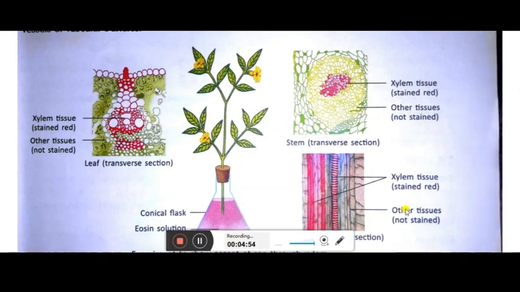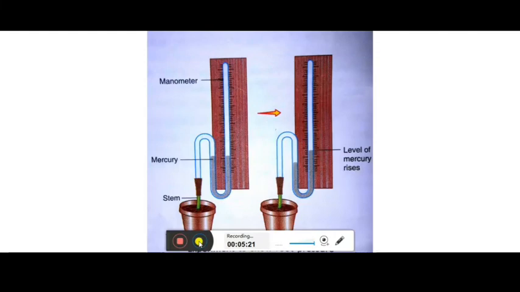And here you can see the stem longitudinal section. So wherever the red ink is, that means the water is reaching those particular areas, and they are the xylem tissues. This proves that conduction of water happens through the xylem vessels.